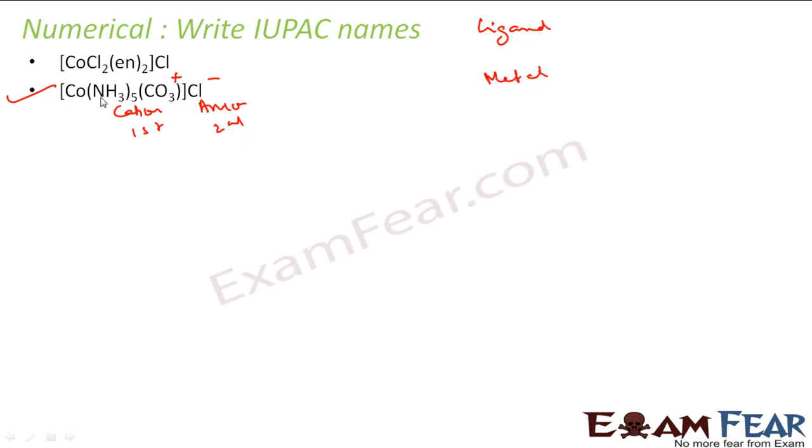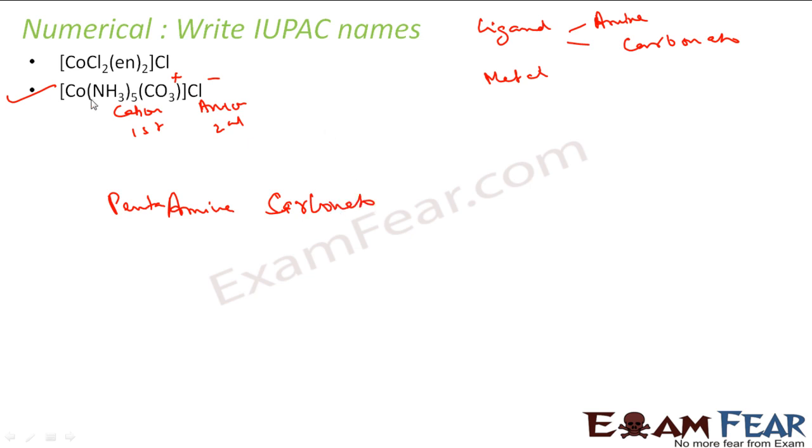In ligand we have NH3, that is ammine, and CO3, that is carbonato. A and C, A comes first, so ammine comes first. There are 5 ammine, so it will be pentaammine, and then 1 carbonato, so it will be normal carbonato.